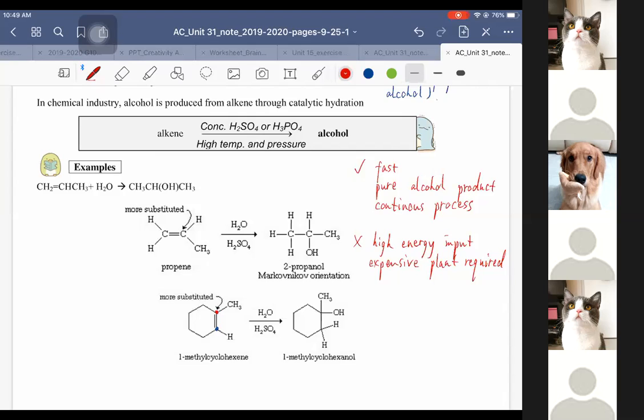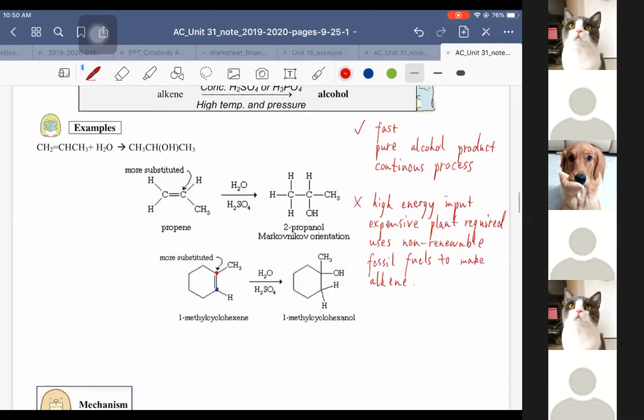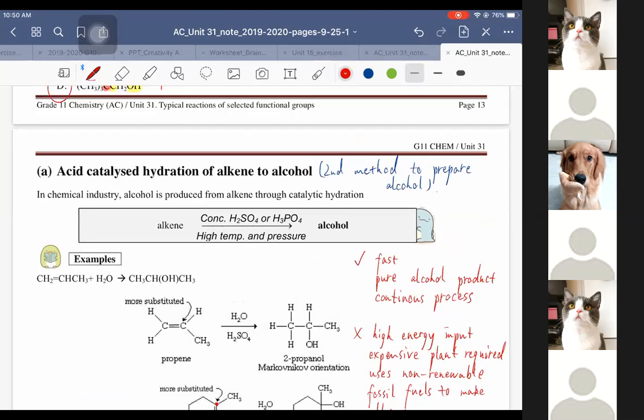So that's also a disadvantage. So that's about the first reaction, the acid catalyzed hydration of alkene to alcohol.